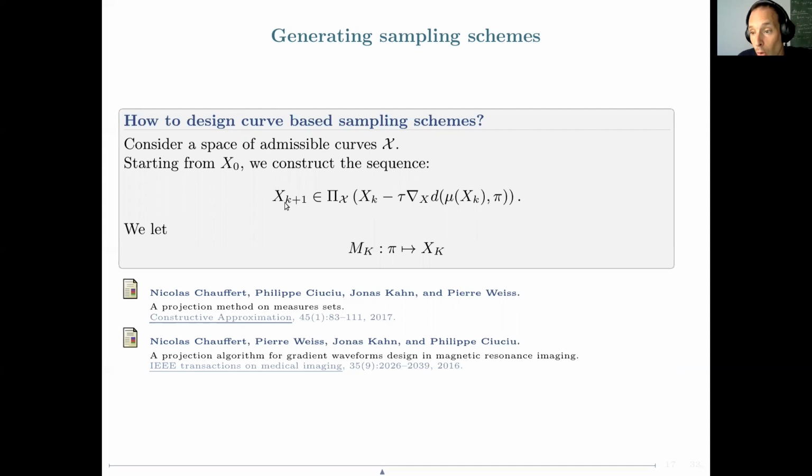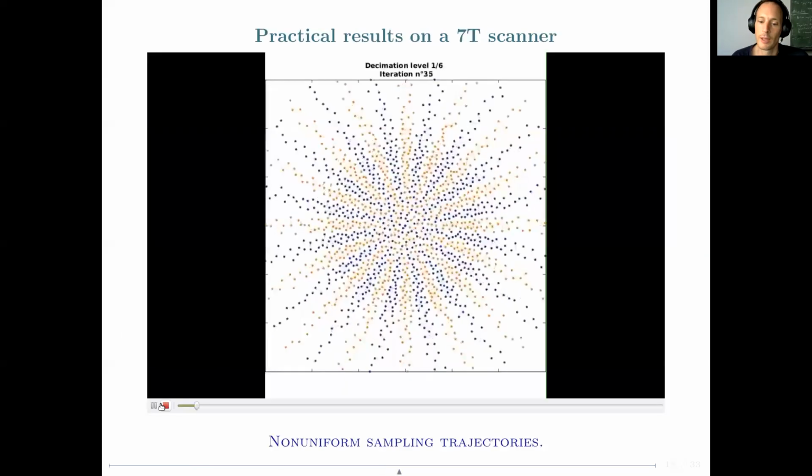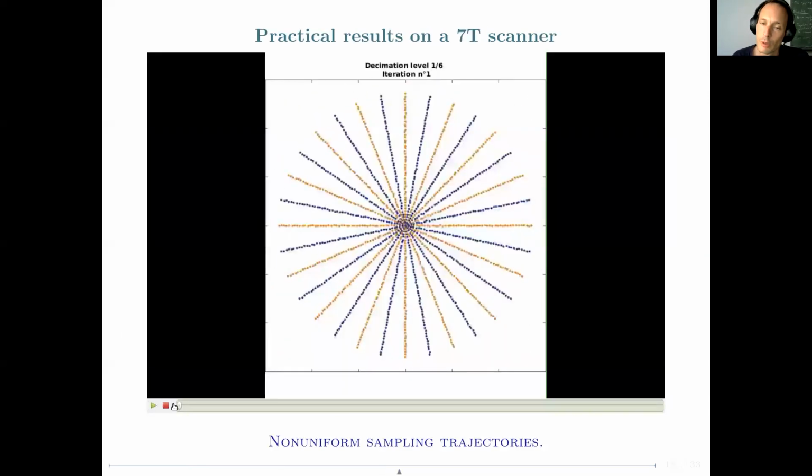If you want to know how to solve this efficiently, you can have a look at this paper in Constructive Approximation. In what follows, I will let M_k denote the mapping which to pi associates the k-th iterate of this iterative process.